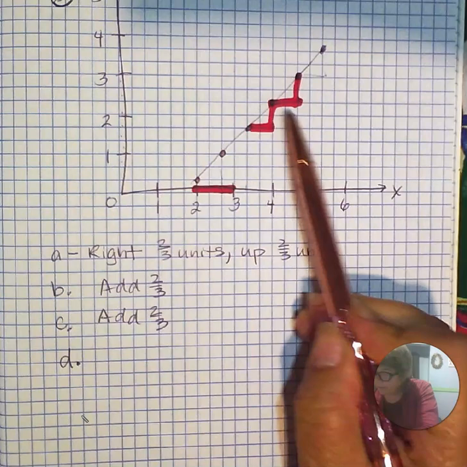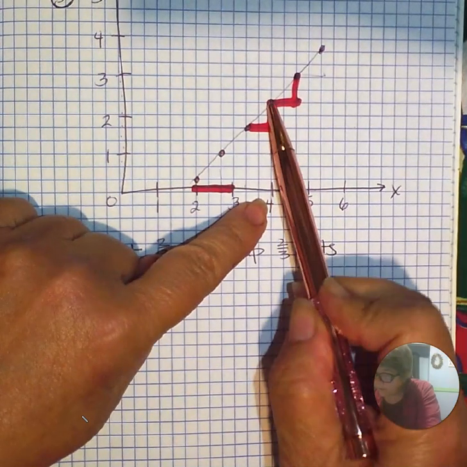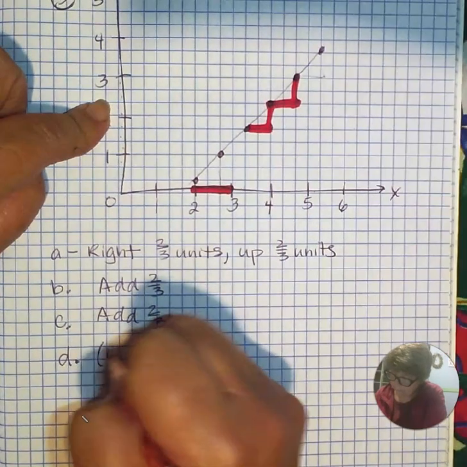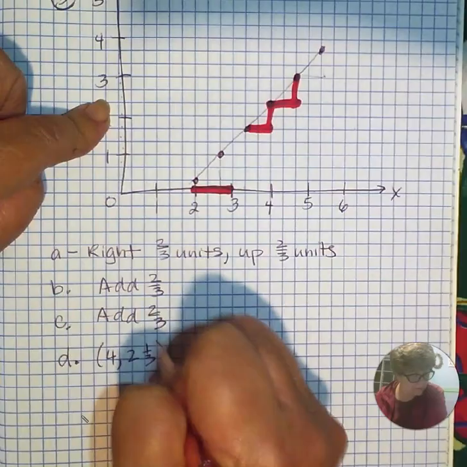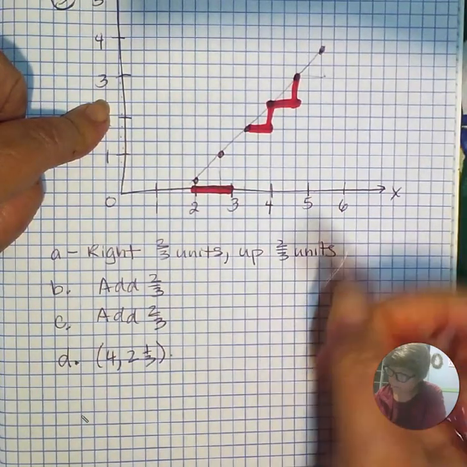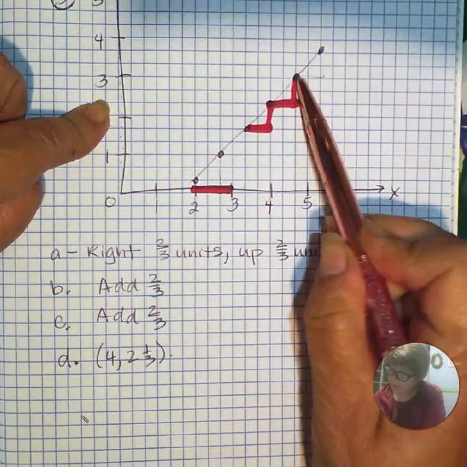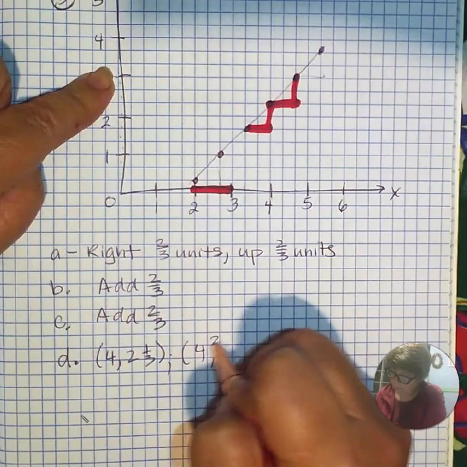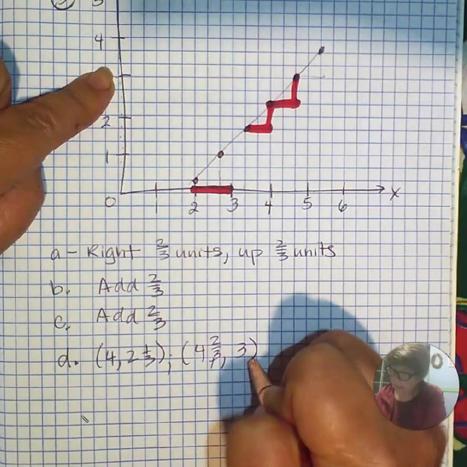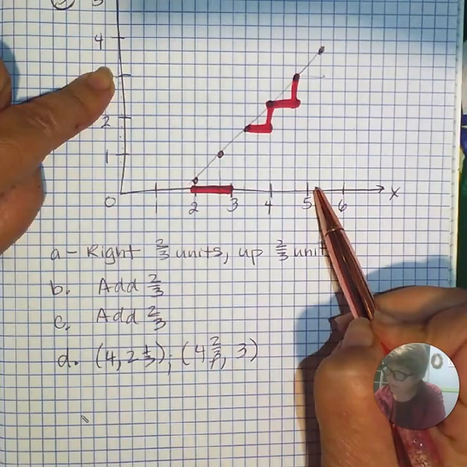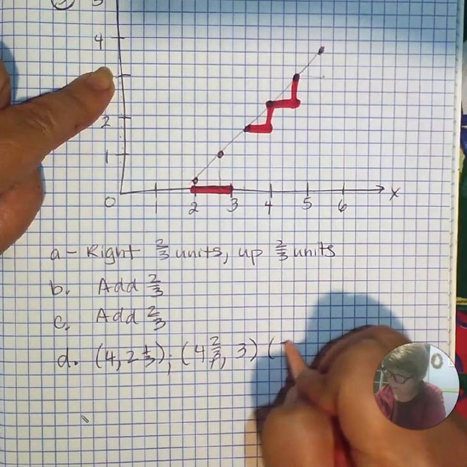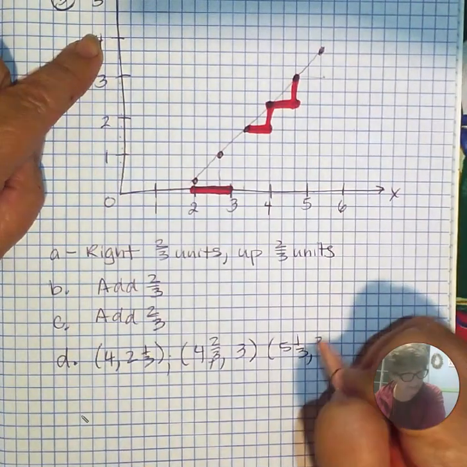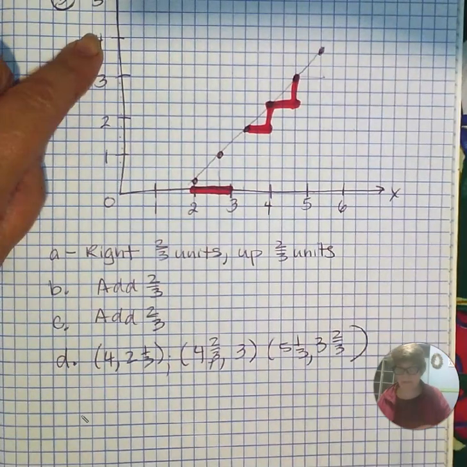So we have 4, 2 1/3. 4 2/3, 3. And 5 1/3, 3 2/3. All right, very good.